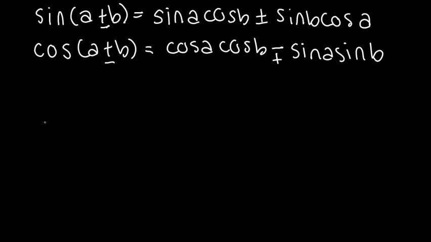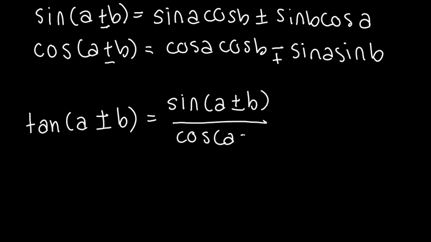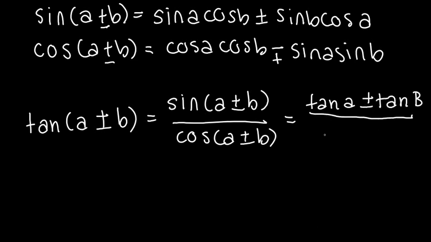And if we want tangent of a plus or minus b, we just divide sine and cosine. You can try to compute this on your own. If you do, you would get the following: tangent A plus or minus tangent B over 1 minus or plus tangent A tangent B.